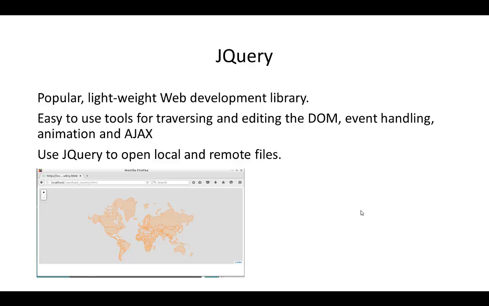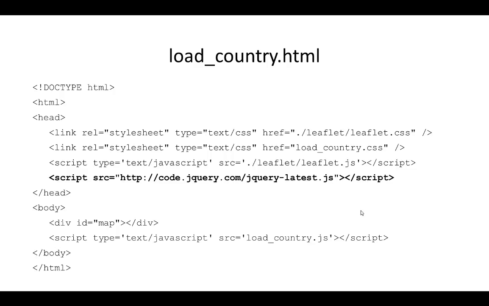Otherwise, I find if you try diving straight into these libraries, while you may be able to do some things really quickly, it can also be detrimental to the overall learning process about understanding how the language operates. Anyway, what we're going to use jQuery for is just to open local and remote files. That's all we're going to use jQuery for, but you can do lots and lots of stuff with it. Have a look at it.